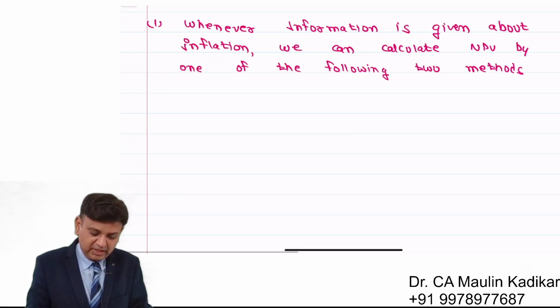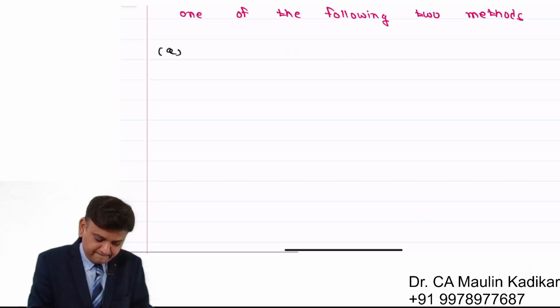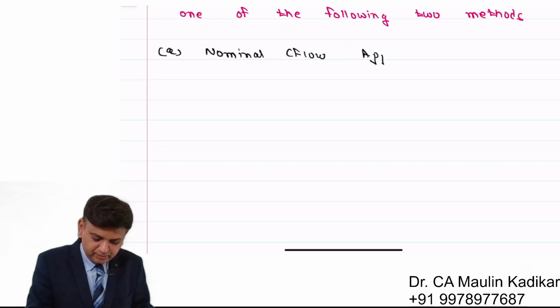Write down: A, nominal cash flow approach; B, real cash flow approach.